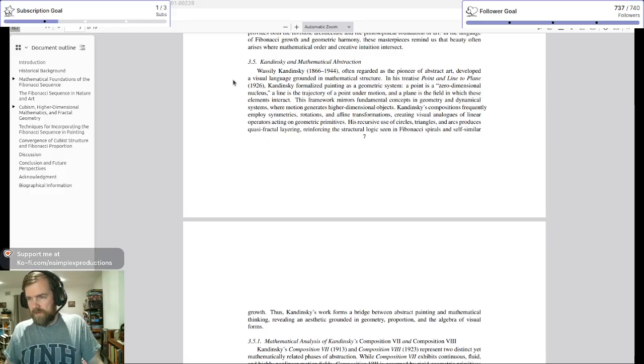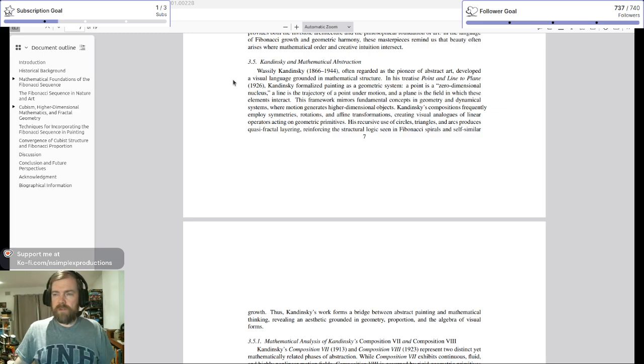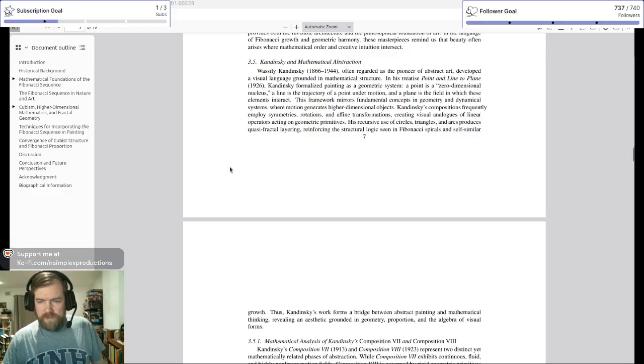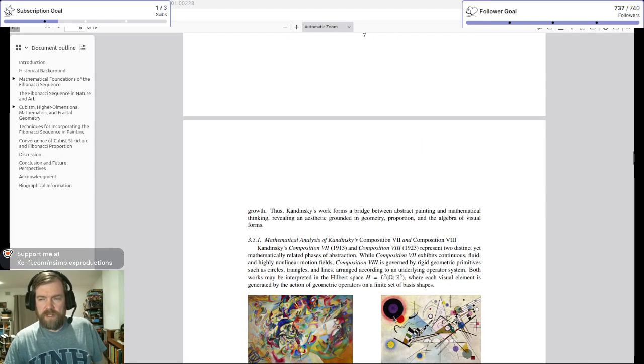Kandinsky's compositions frequently employ symmetries, rotations, and affine transformations, creating visual analogs of linear operators acting on geometric primitives. His recursive use of circles, triangles, and arcs produces quasi-fractal layering, reinforcing the structural logic seen in Fibonacci spirals and self-similar growth. Thus, Kandinsky's work forms a bridge between abstract painting and mathematical thinking, revealing an aesthetic grounded in geometry, proportion, and the algebra of visual forms.